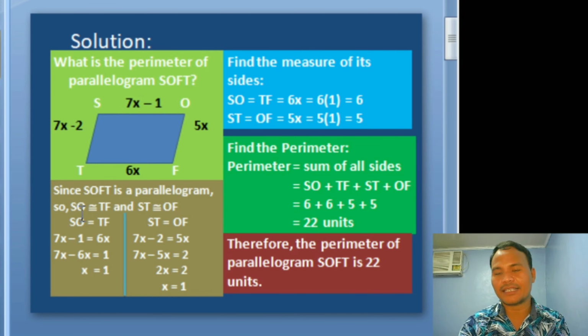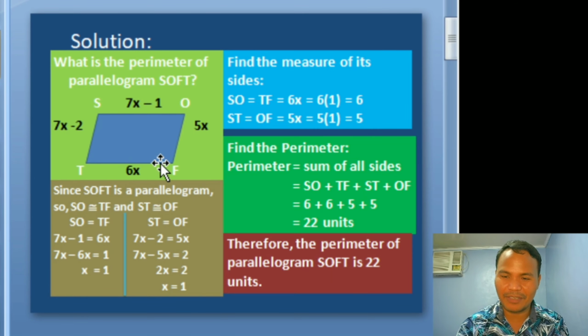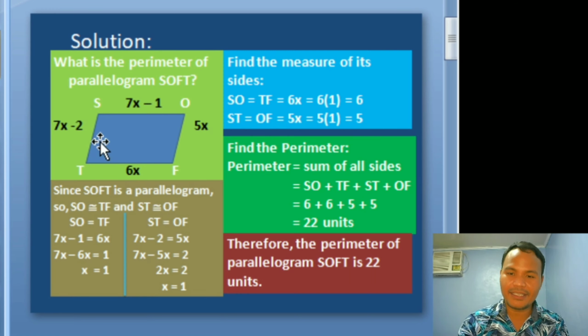Since SOFT is a parallelogram, SO is congruent to TF because SO and TF are opposite sides, and opposite sides of a parallelogram are congruent. Also, ST is congruent to OF.